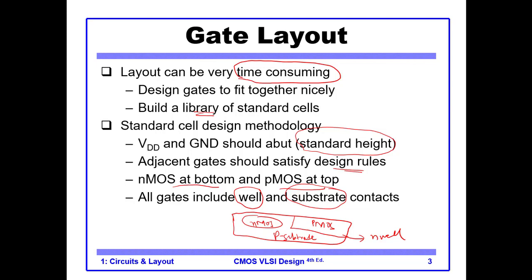What this says is that we should have the contacts of the body terminal here and also here. This is the contact of the body terminal, or the fourth terminal. Normally we draw 3 terminals for a transistor, but I told you that there is a fourth terminal, sometimes called the body terminal. So every gate should also include these terminals. These are some of the more high level design methodology using standard cells.